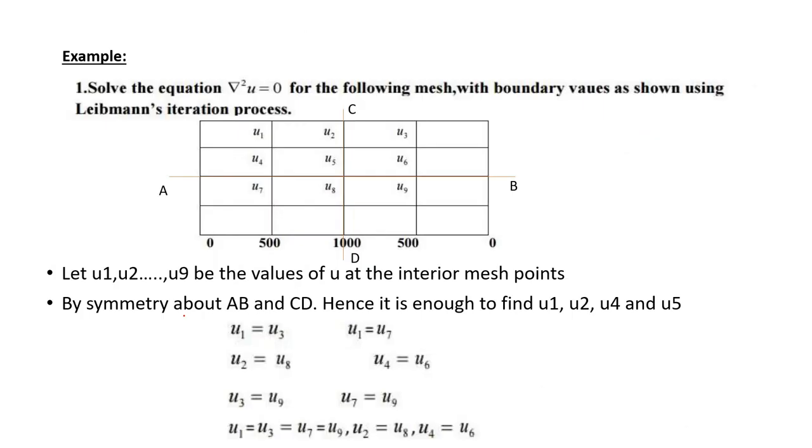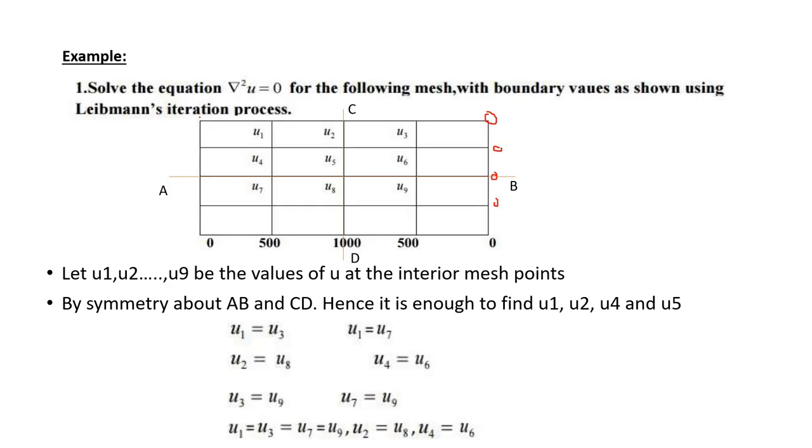A problem has been given here. There are some mistakes regarding the points, so just determine the values according to the details given here. The boundary conditions are symmetrical. The boundary values are 0, 500, 1000, 500, 0. This side is 0, 0, 0, 0.